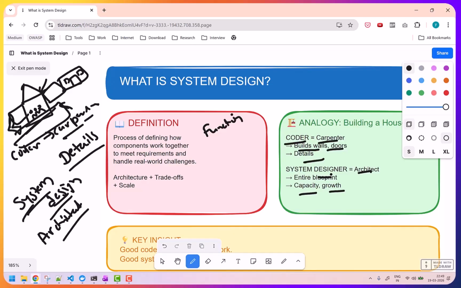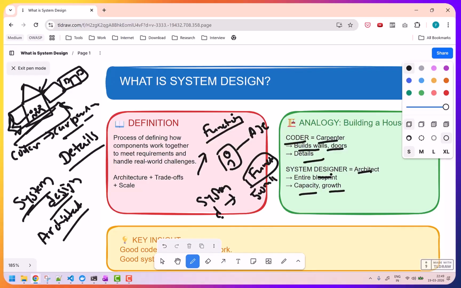So understand the difference: if you are a coder, your focus is on writing a function which a user can use to calculate their age. But if you are a system designer or architect, your thinking should be how the 500 million users can use the function which I have written at a time without breaking the system. That is the mindset of system design.